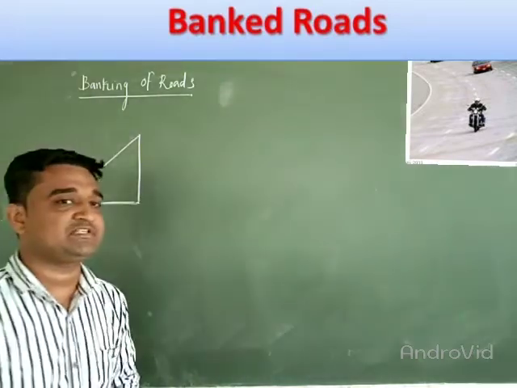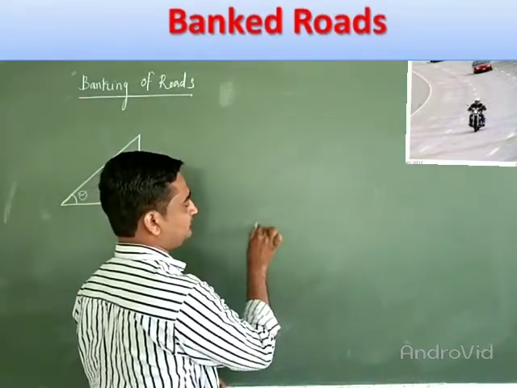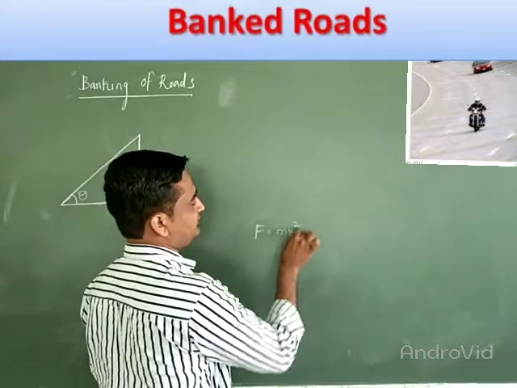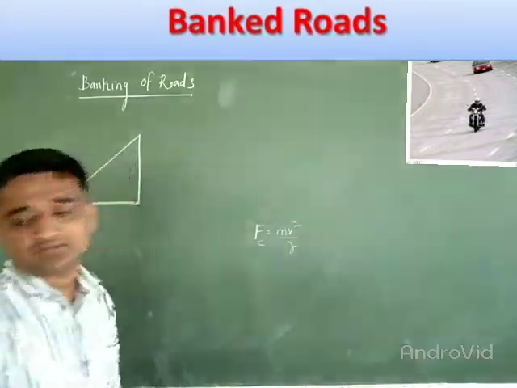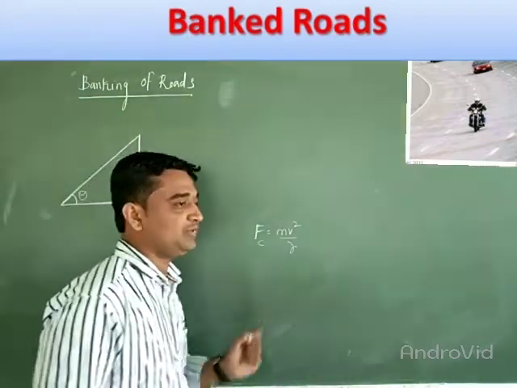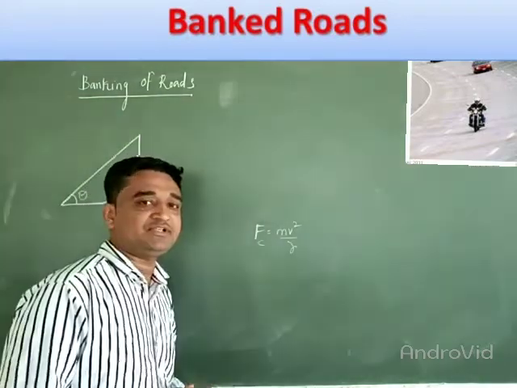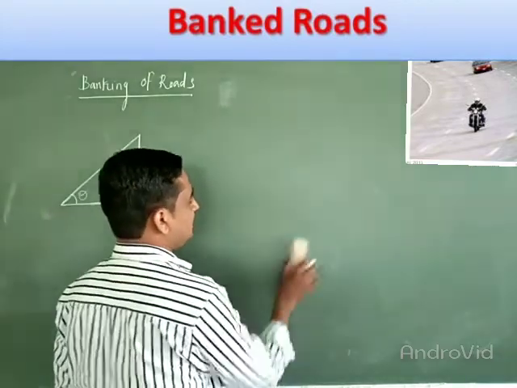The expression for the centripetal force is F equals mv squared divided by r, where r is the radius of the circular path, m is the mass of the object, and v is the velocity with which the object moves in the circular path.